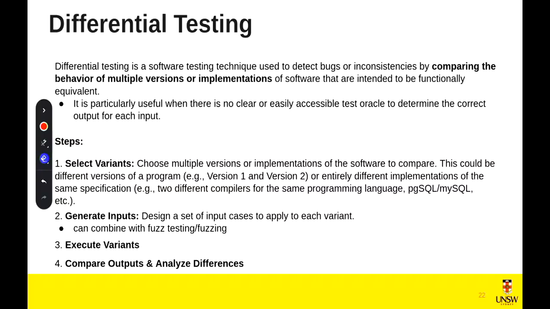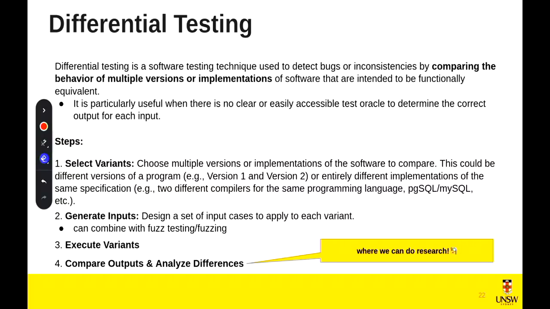Another example, for compilers: if we have the same C code and we compile it with different compilers, and we run the compiled programs, and if the compiled programs give us different results, it means that one of the compilers must have been implemented wrongly, right? So there must be some inconsistencies or some problems in one of the variants here. This is the idea of differential testing: we check the correctness by comparing the execution results of similar programs.